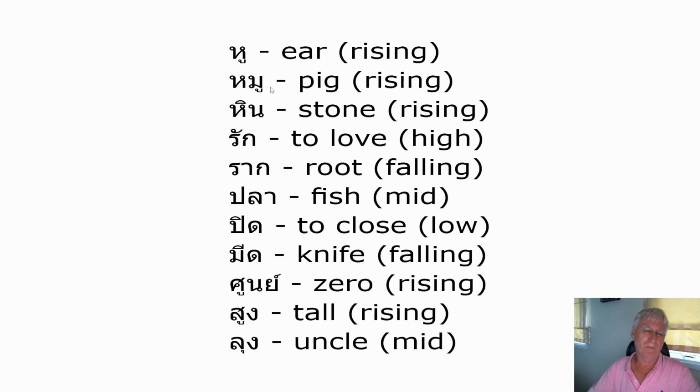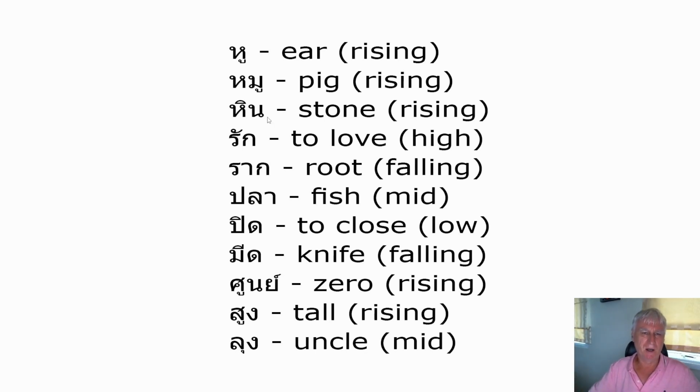The actual vowel sound at the front of the word is this one, which is morma, which gives an M sound. So it's the same tone rule as the other word, but it begins with an M sound. So moo, it starts off normally, then goes up, and it means pig.